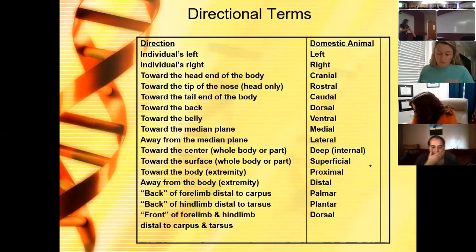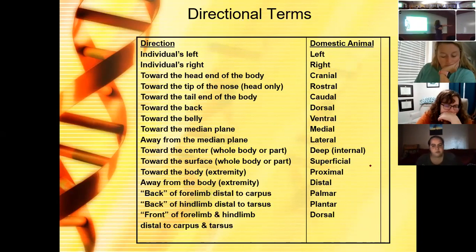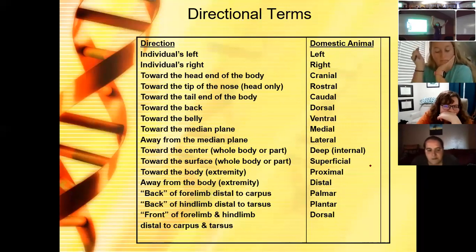Distal. So here I've got my D and my P. Distal refers to movement in this direction. I am putting distance between my trunk and my branch. Proximal is in this direction.